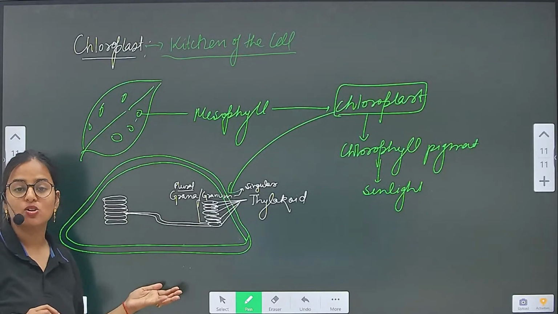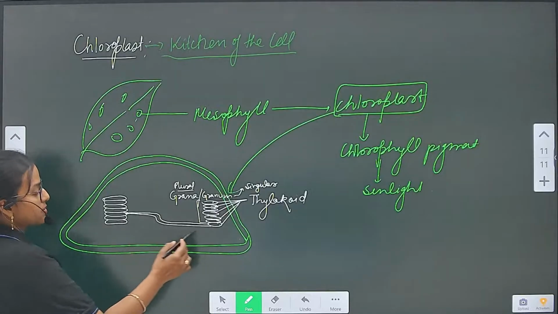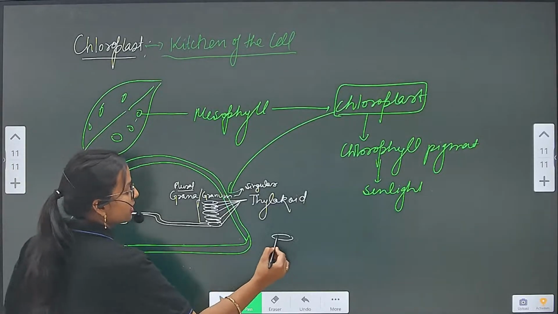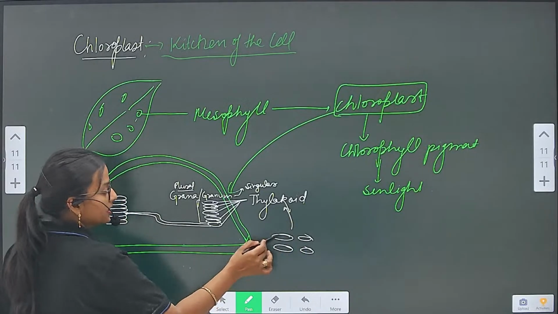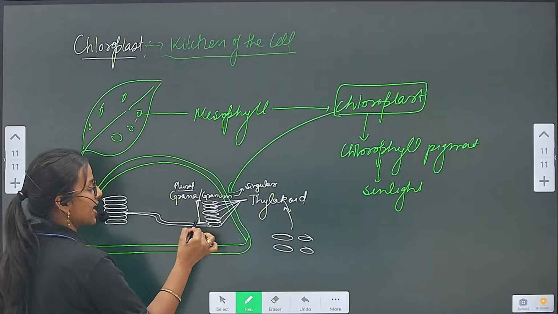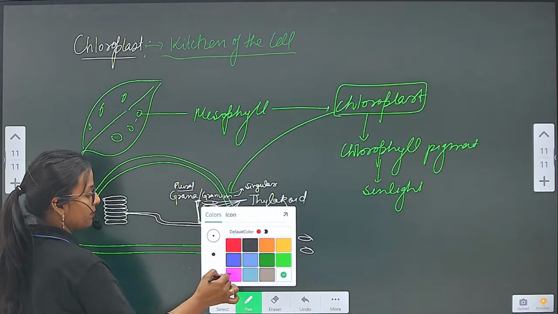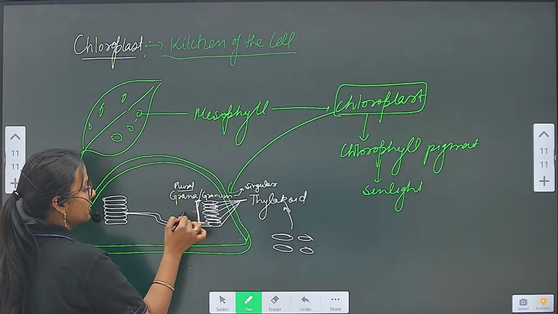So the membranous extension present in the chloroplast is simply called the lamellae. If it is making these individual units, this lamella is called thylakoid. Multiple thylakoids making a stack are called grana.